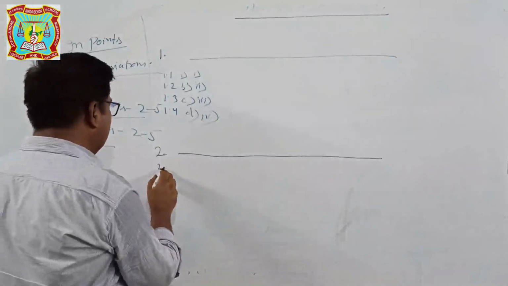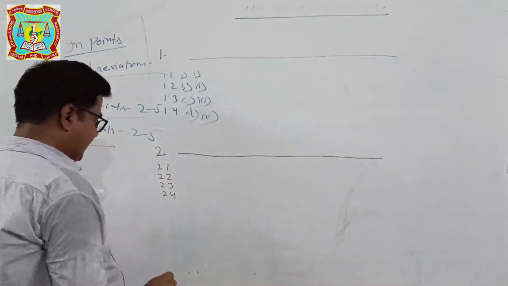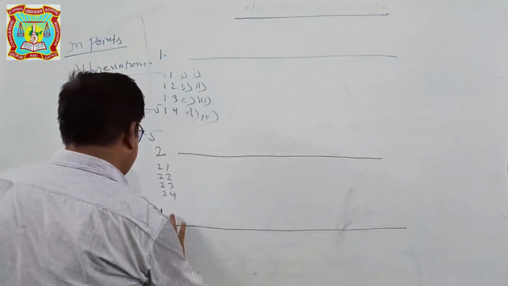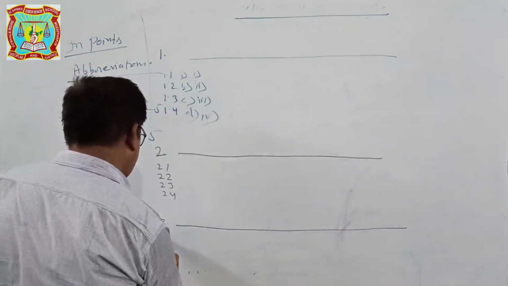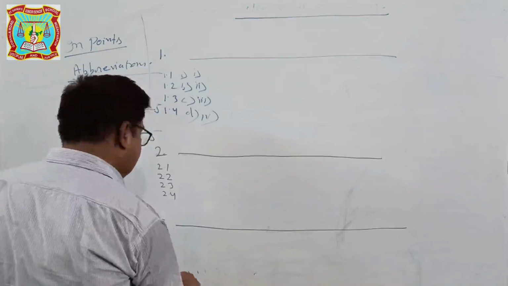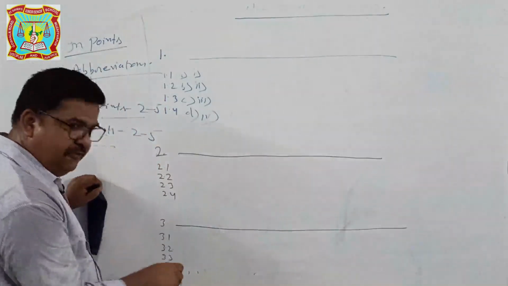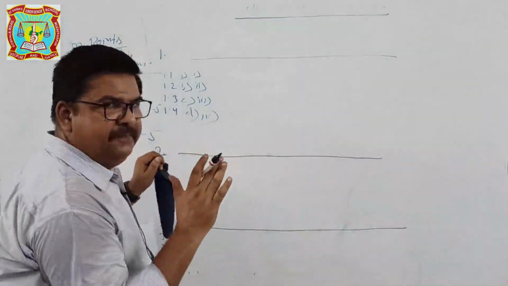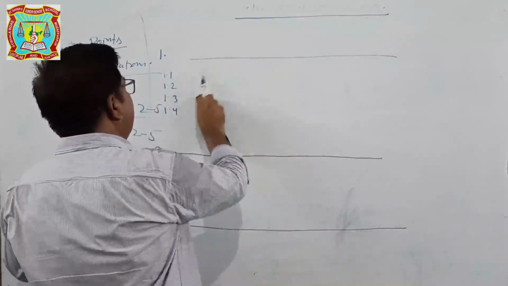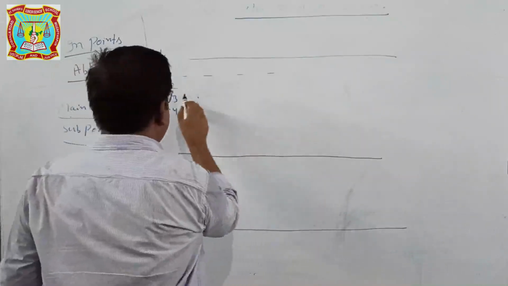Now it will go like this: 2.1, 2.2, 2.3, 2.4. See, the third is suppose a main point. Now the sub points will go like this: 3.1, 3.2, 3.3, if needed 3.4. You can write A, B, C, D, you can write 1, 2, 3, 4 also. But just adopt one way which seems most suitable and convenient to you. See, one main point, these are the sub points.